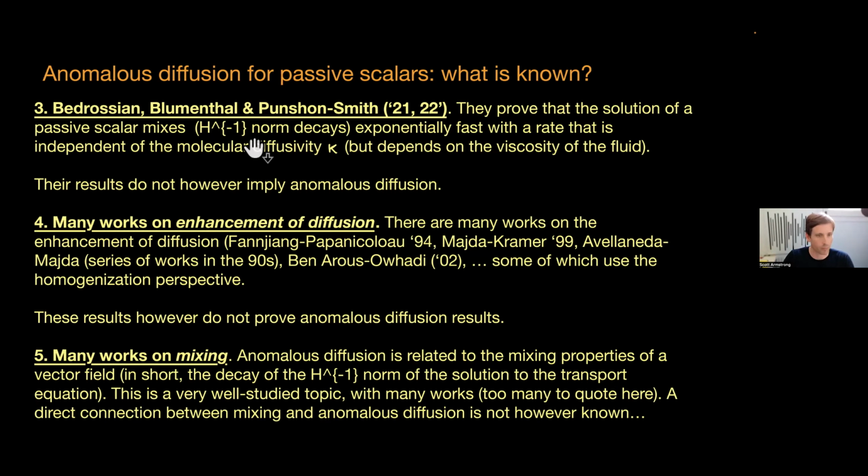It's a different problem, and it doesn't imply the anomalous diffusion. There's been many works that try to use the homogenization point of view, which I'm going to explain in a second, and use it on this passive scalar problem.